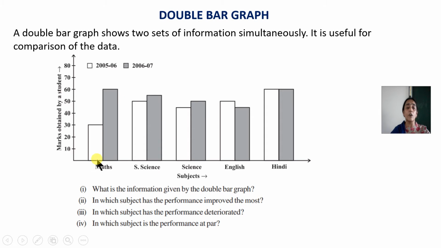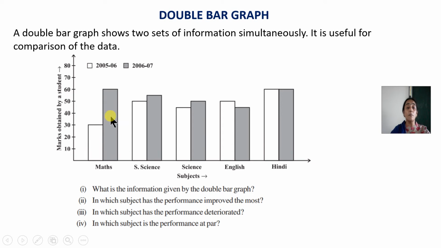If I am talking about maths, then for 2 years, 2005-2006 and 2006-2007, the information of 5 and 6 is a colorless bar, and about 6 and 7 is a colored bar. This is the difference. So you can make it out.